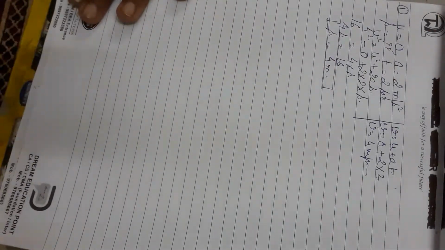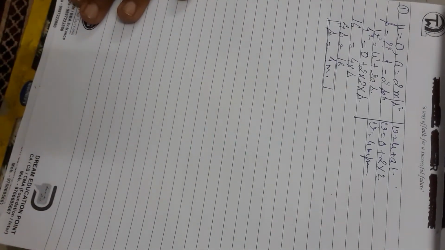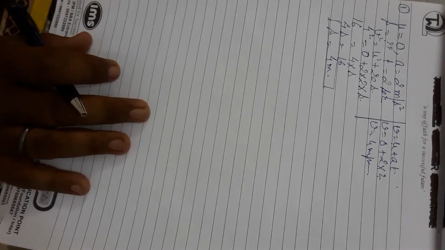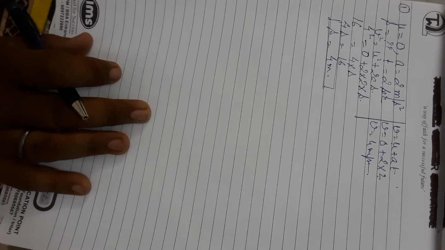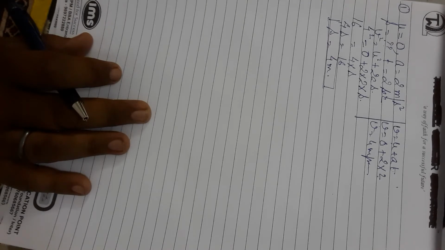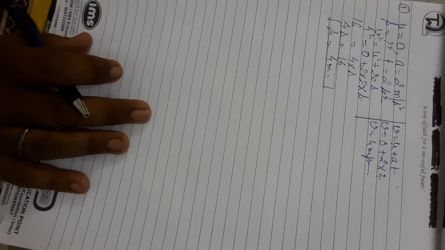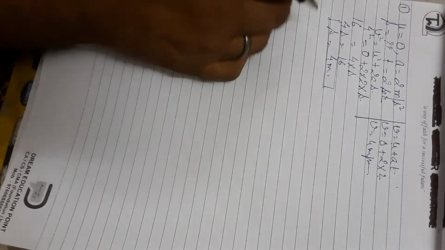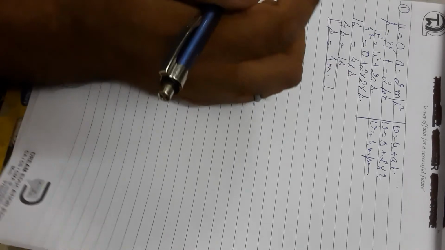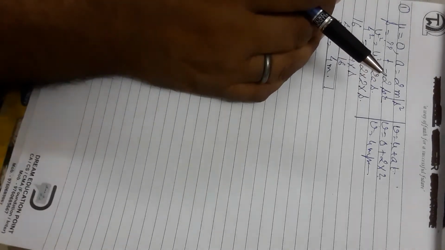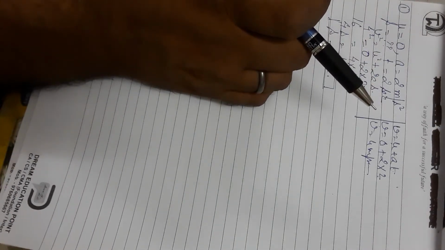First question done. In this way, question number 4. A body initially at rest starts moving with a constant acceleration of 2 meter per second square.